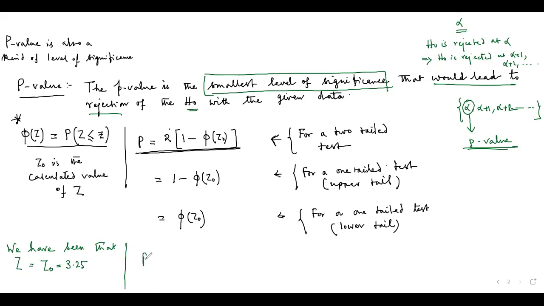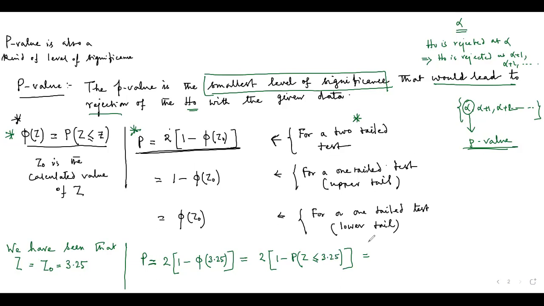For this, since the test is two-tailed, the p-value is 2 into 1 minus phi of 3.25. Now, by the definition of phi z, this is equal to 1 minus the probability of Z less than or equal to 3.25.